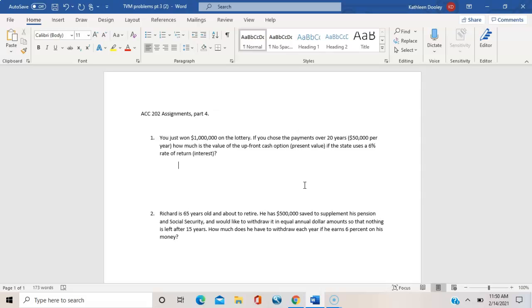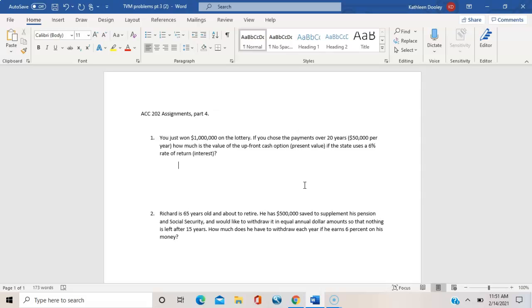So here we go. You just won $1 million on the lottery. If you choose payments over 20 years, $50,000 a year, only now we're going to get it up front. What is the cash value, the present value, that if they gave you a lump sum right now would equal the $50,000 a year for 20 years, assuming that a 6% interest rate is used?